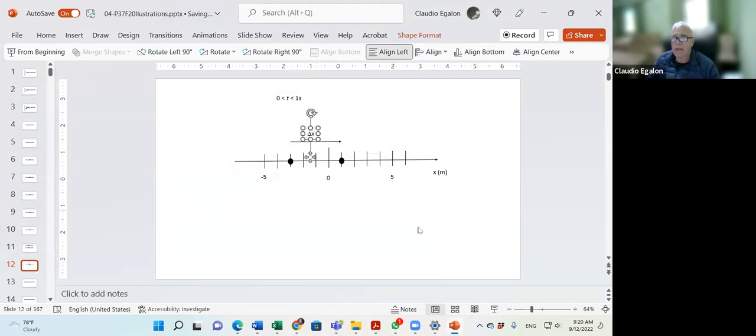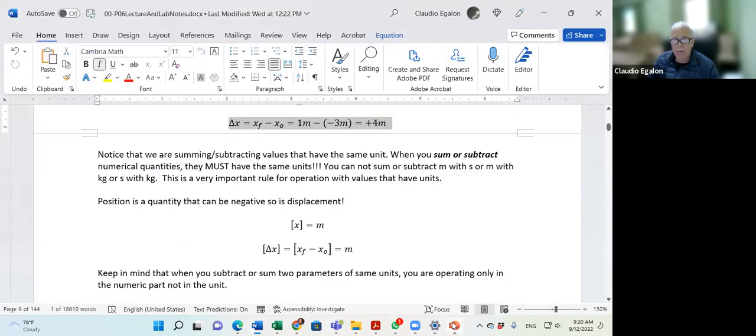Get used to this notation. Most books will use that. Delta x, and that's exactly what I have there in my notes. We usually drop this subscript when we write down the final position. So let me drop that for you.